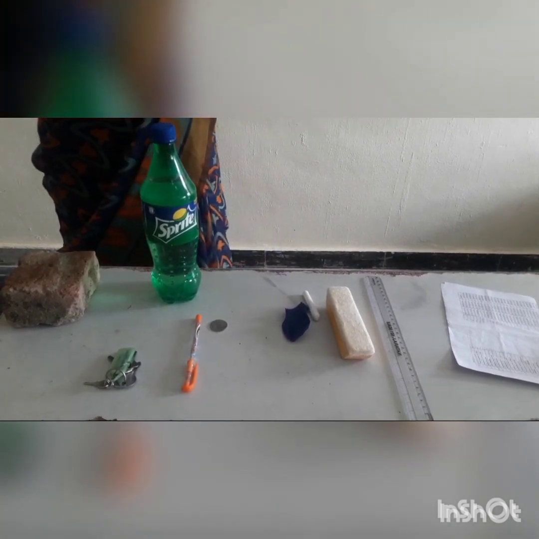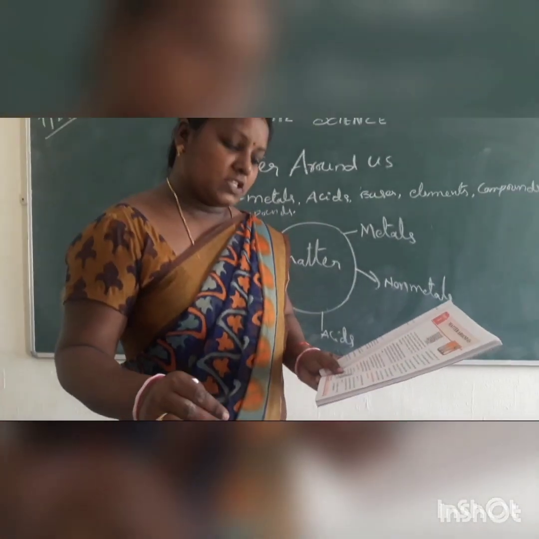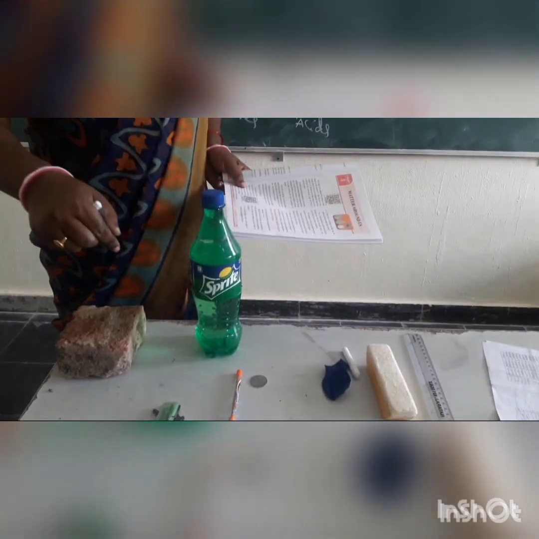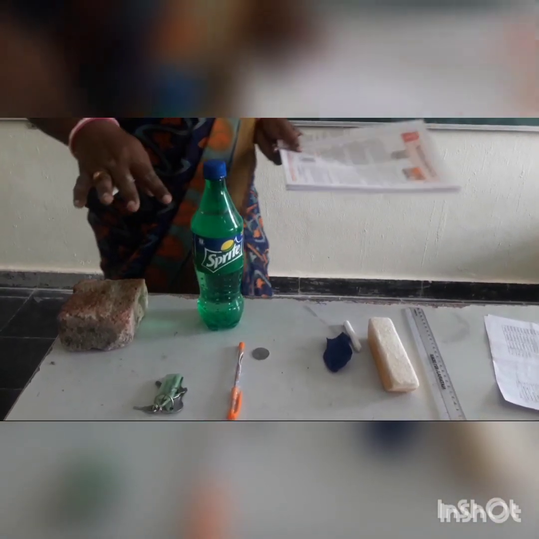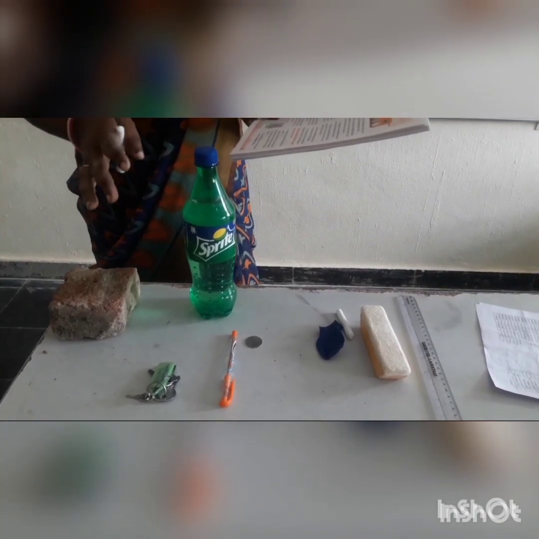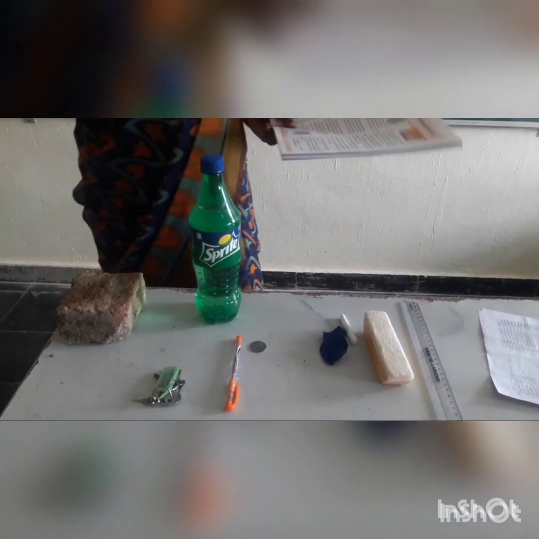So matter occupies some space and it has some particular mass also. So we can say that matter in the world occupies some space and it has some mass.